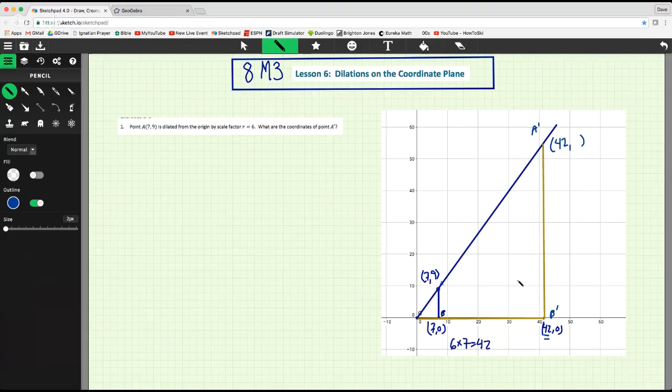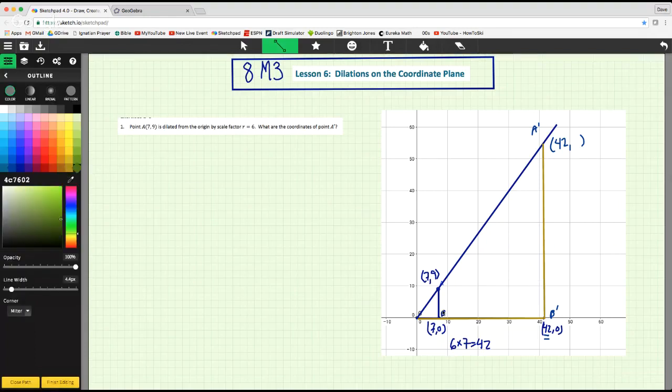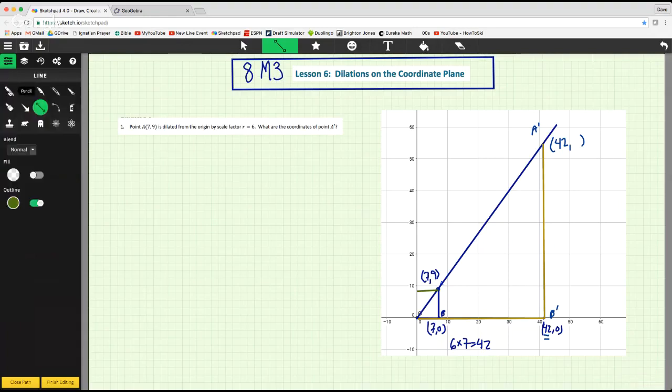Now let's do the same thing with our y-axis. We're going to use the fundamental theorem of similarity, and I told you I was going to show you that. So let's show you that here. And so this point here, and we'll do this one in green. So this here is (0, 9).